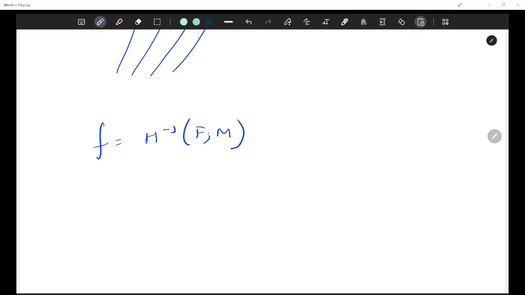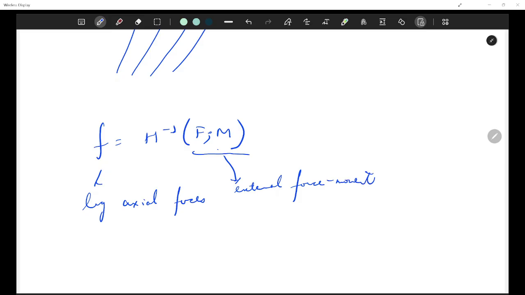And what does this mean? This means that F is the leg axial forces. F and M, both of them combined, are the external force and moment, and this H depends on geometry.